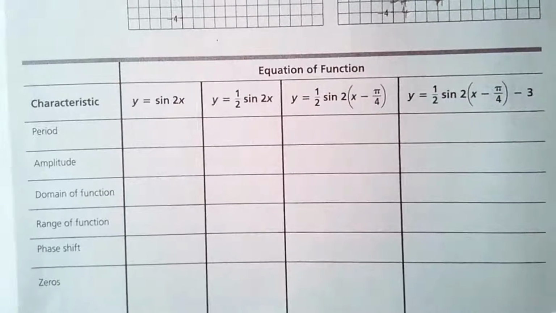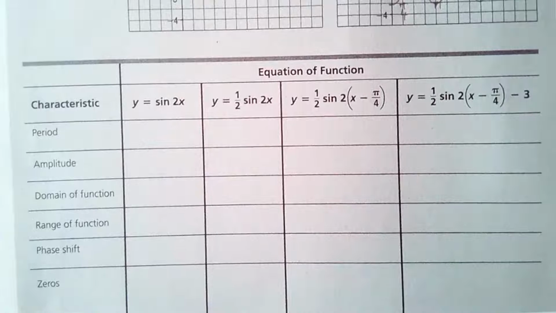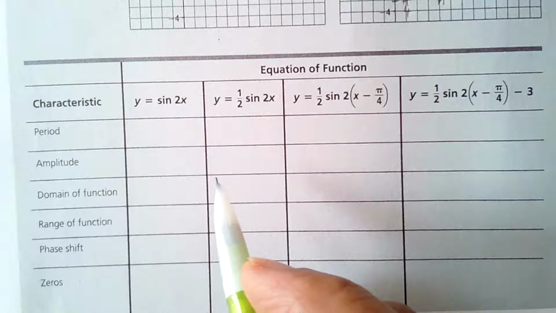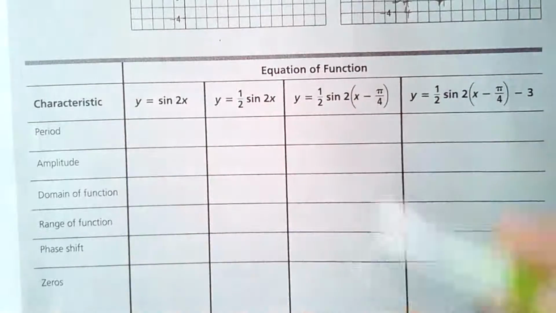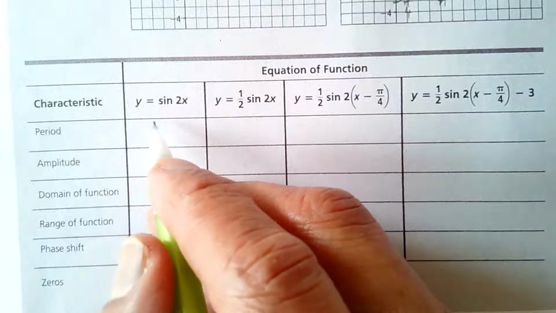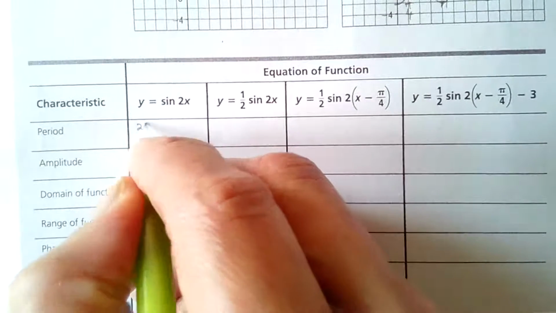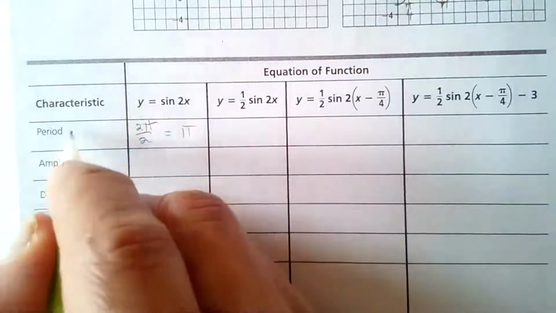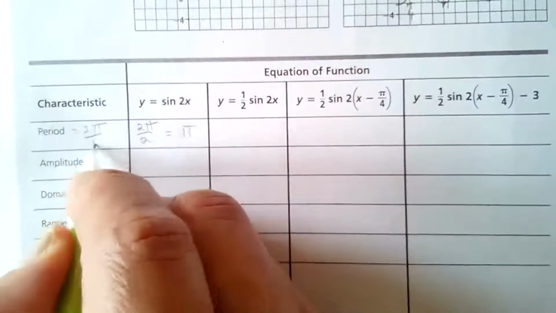So there are a few characteristics here. I just want to go over some of these. I'll do a couple of these here. The period here, if you look at this, it's pi, because 2 pi over 2 is equal to pi. Remember, period is 2 pi over b.